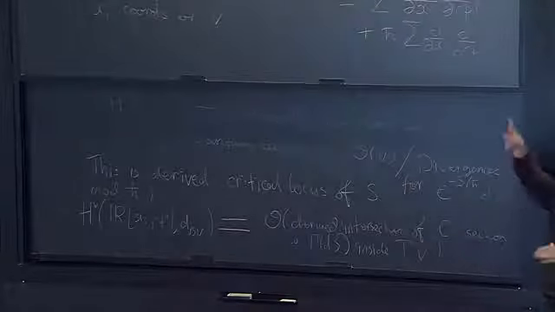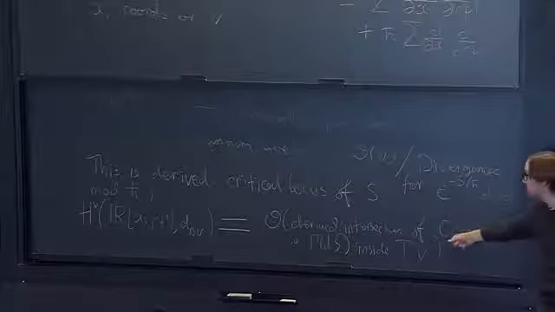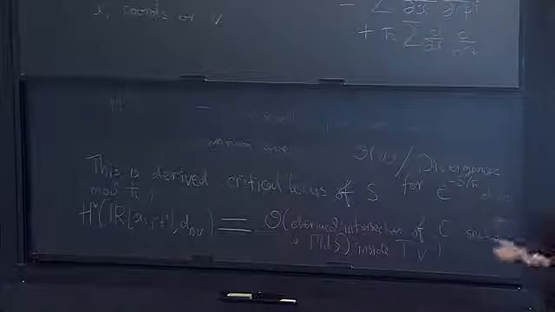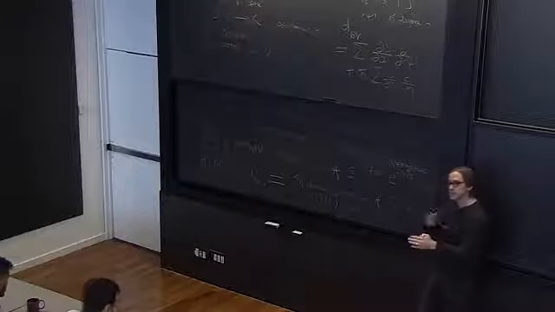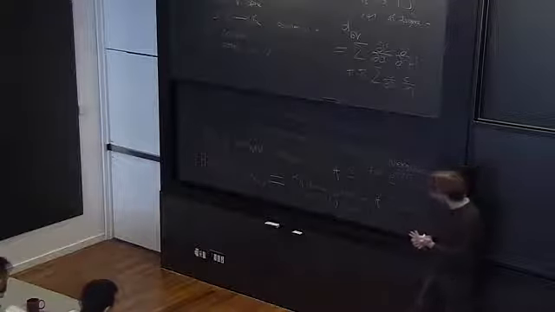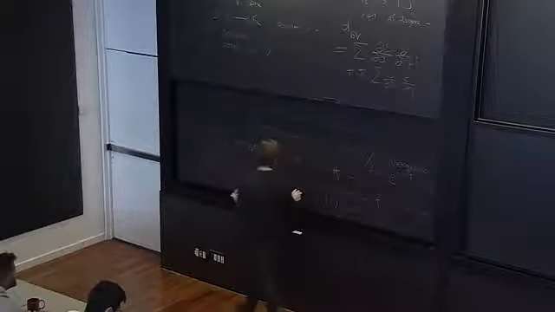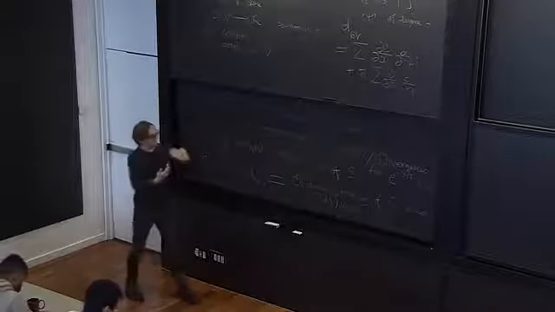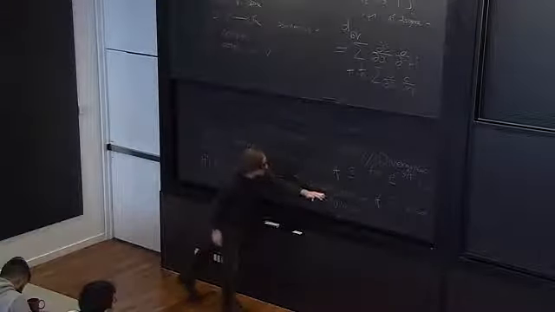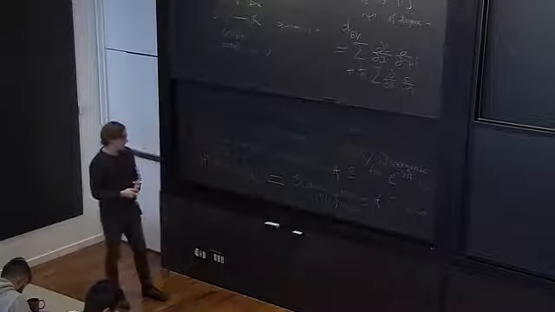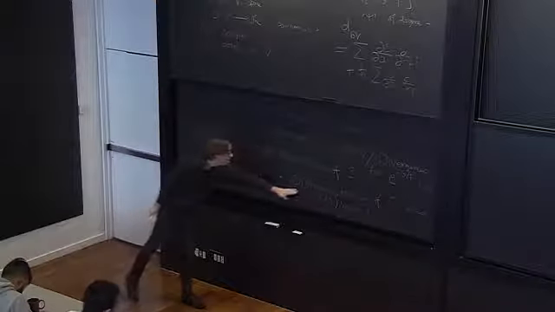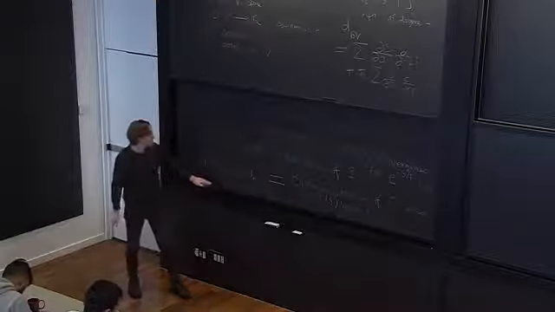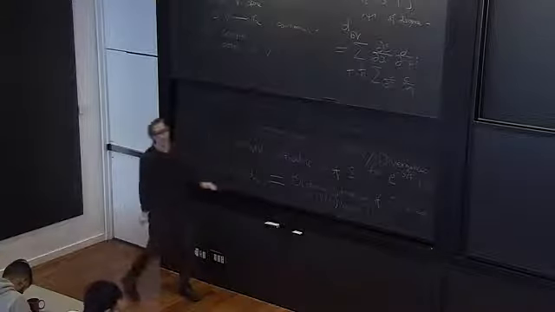The critical locus is where that is zero. Where does that intersect the zero section? And there's a procedure called the derived intersection, which produces for you a derived manifold. In this simple case, this derived intersection construction is due to Serre, and it turns out to match the BV treatment.